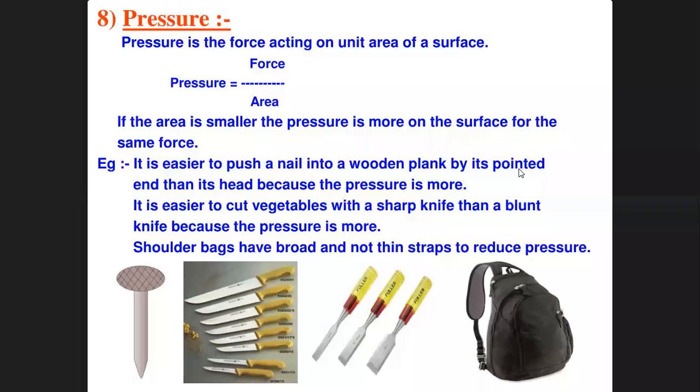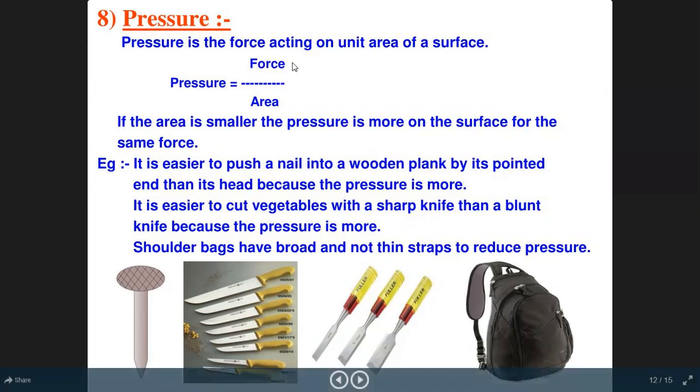So pressure is nothing but the force acting on unit area. You can see here the pressure depends upon two quantities. One is force, another is area. More force, more pressure. More area, less pressure. Because pressure is directly proportional to force and inversely proportional to area.